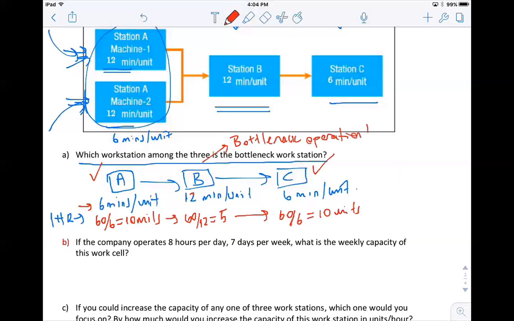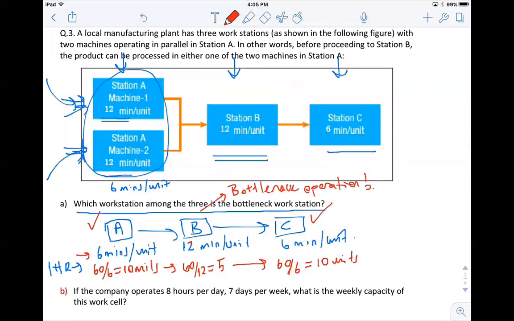Let's think about the potential impact of workstation B on the entire production layout. At the end of 1 hour after workstation A, we expect to see 10 units, but workstation B is only capable of working on 5 units in 1 hour. And then workstation C is going to require 30 minutes, so it will not be fully occupied in that 1 hour period.